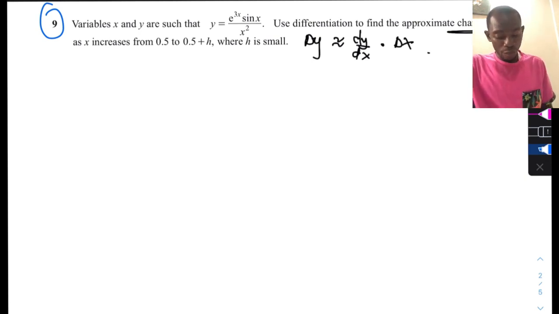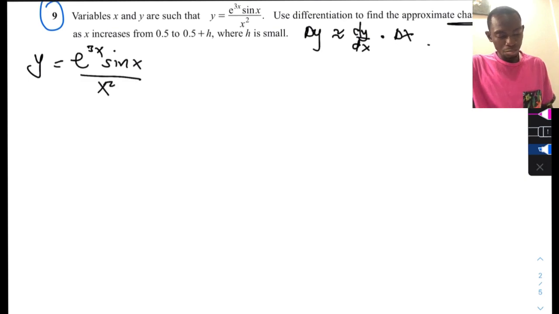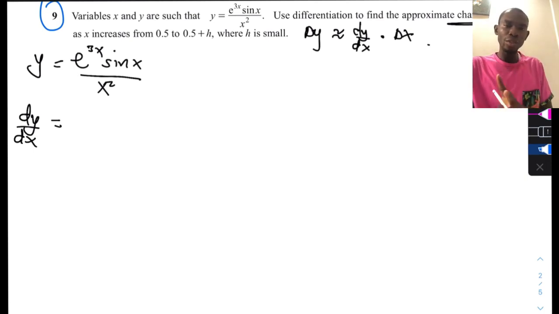So now, if we have y equal to e to the power 3x sine x over x squared, then we just have to differentiate it. So let's differentiate it and see how that goes. First, we will differentiate the numerator. Remember that the numerator is two functions that are multiplying, so we use the product rule of differentiation, okay? That means I can keep the sine x constant and then differentiate the e.